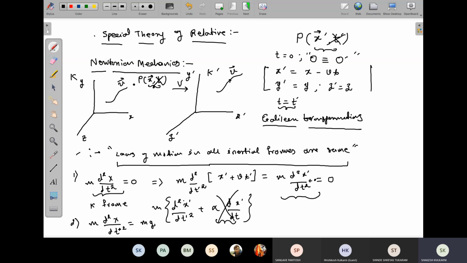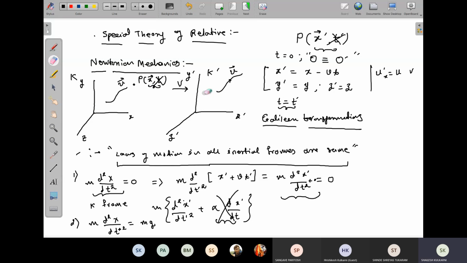So your u prime x component will change by u plus v. Sorry, it will be subtracted because in the transformation there is a minus here. It's not added, it will be subtracted.